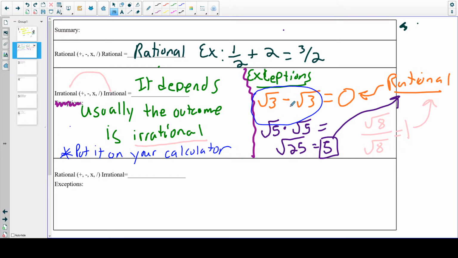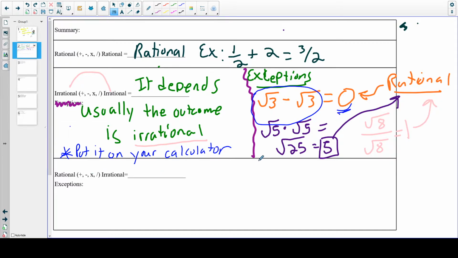If you did this and you're like, that's probably going to be irrational, just put it on your calculator. You'll see this, and you will definitely know that this number is rational. Similarly, if you did the square root of 5 times the square root of 5 and put that on your calculator, you would get 5, and you would say, oh, I know this number is rational. So when in doubt, put it on your calculator. See what you get.